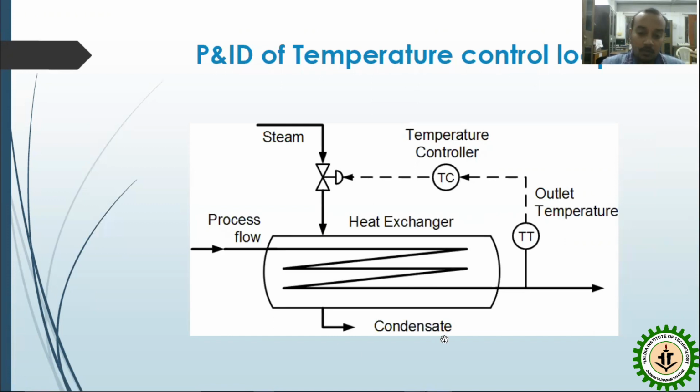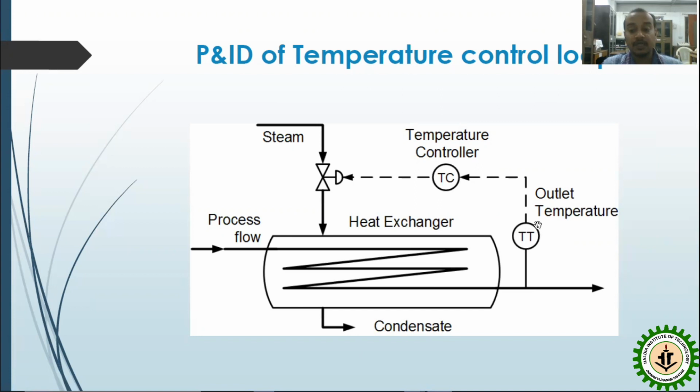So here, without any confusion, we can say that here we are measuring the temperature, and TT, if we find it from the table, means temperature transmitter.